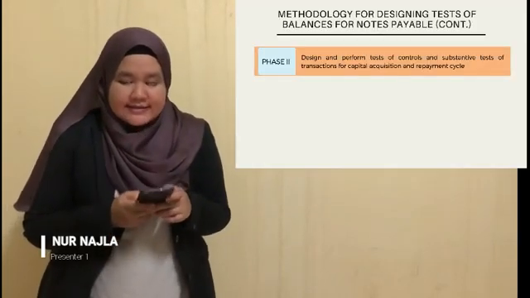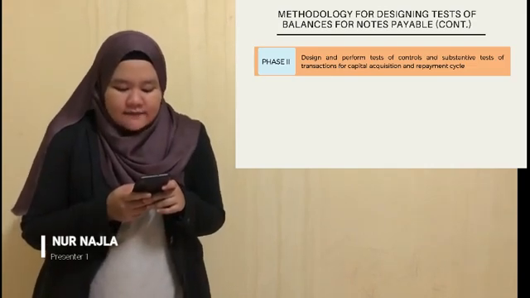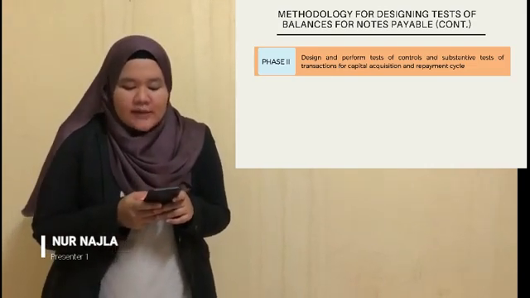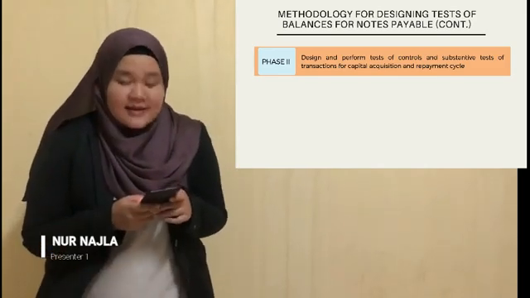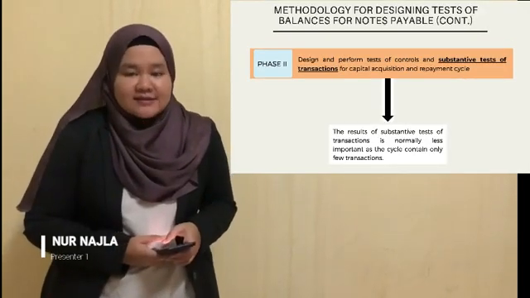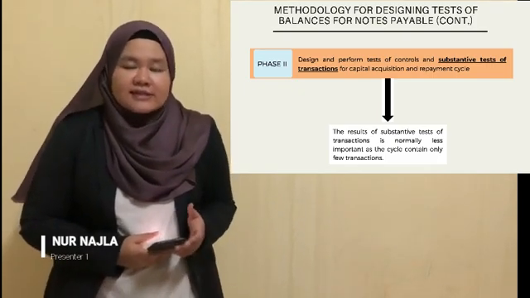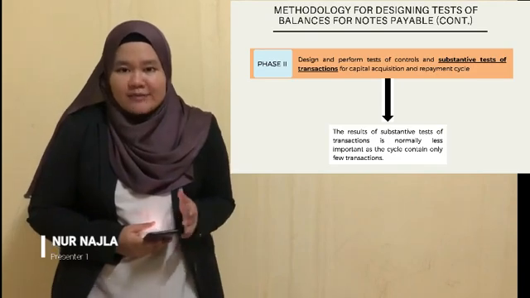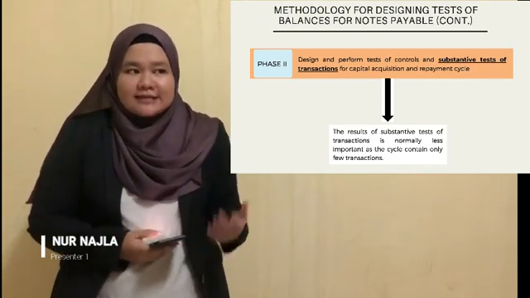Phase 2 is to design and perform tests of controls and substantive tests of transactions for the capital acquisition and repayment cycle. For the substantive tests of transactions, when we test and get the result, the result is not really important, less important, because like I said before, we have only a few transactions.